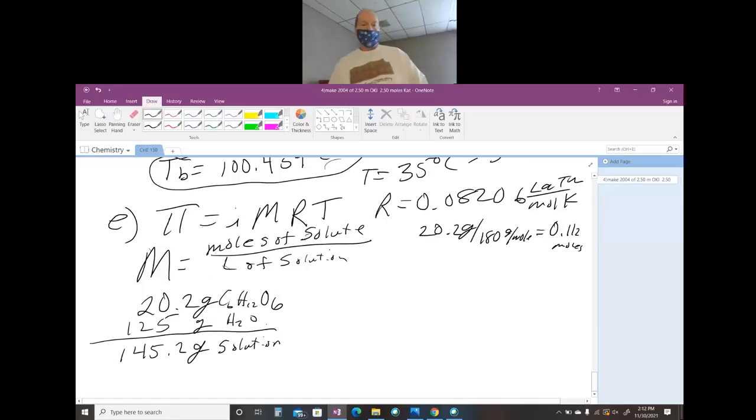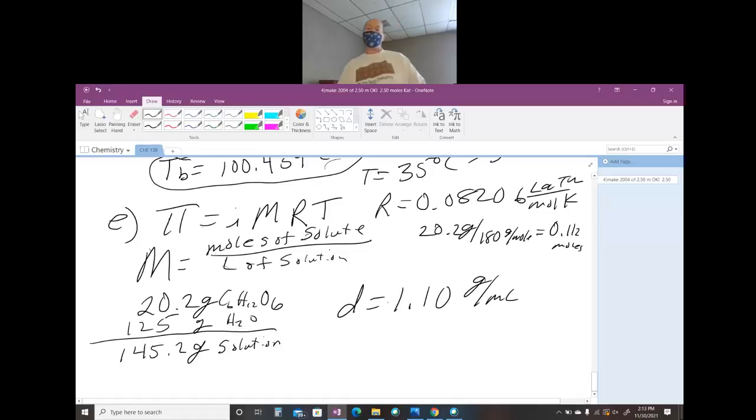All right. So we have the grams of solution. We don't want grams of solution. We want liters of solution. Well, in this problem, the density is also given. And this is where we finally use the density that is given. So the density in the problem says it's 1.10 grams per milliliter.